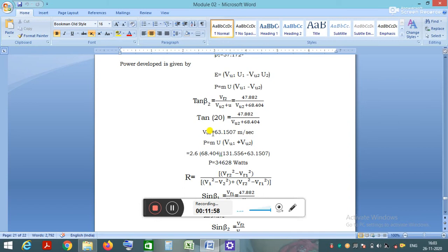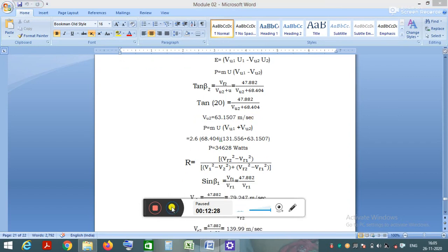Therefore, substituting, we get V suffix U2 as 63.1507 meters per second. Then substituting in the equation power equals m into U into V suffix U1 plus V suffix U2, we can find the power developed by the turbo machine.